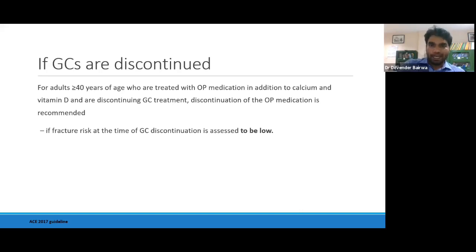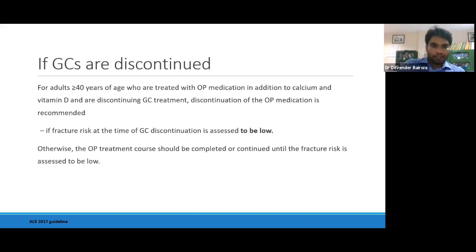What does that mean? Even if you stop steroids, if your patient is in the moderate to high risk category, then treatment is warranted. Only if they fall in the low risk category can you think about stopping their osteoporosis treatment. Otherwise, the OP treatment course should be completed or continued until the fracture risk is assessed to be low.